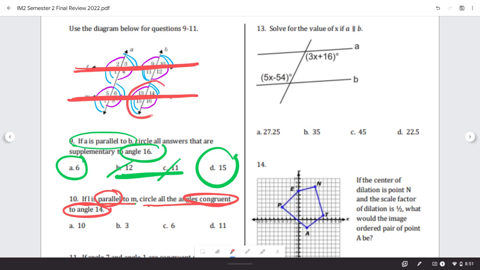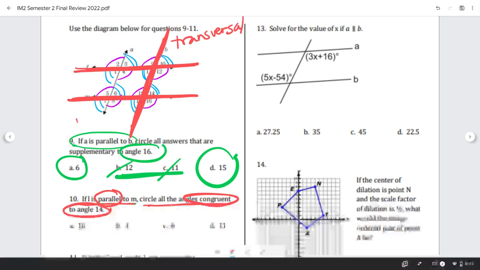Well, 14 is right here, okay? So if we're looking at that angle, that means we're only going to be looking at this as a transversal, and we're going to ignore line A. So we're only looking at line B, okay? And we're looking at congruent angles to 14.